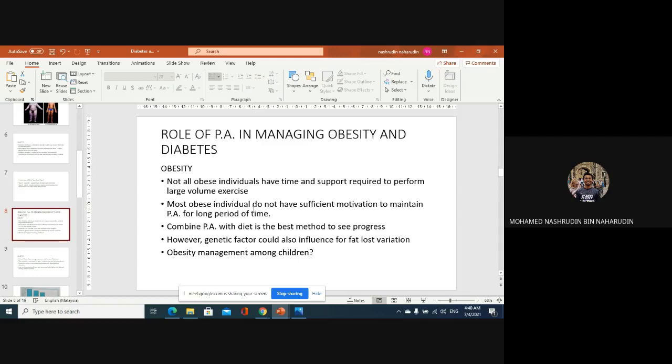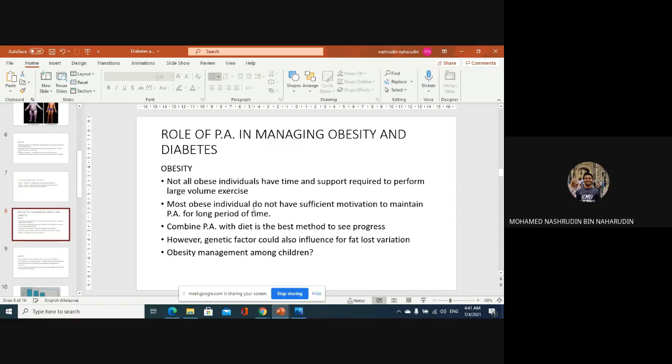So apart from exercise, you also need to remember that the prevalence of obesity is because of a positive energy balance, meaning that a caloric surplus happens: energy intake is higher than energy expenditure.